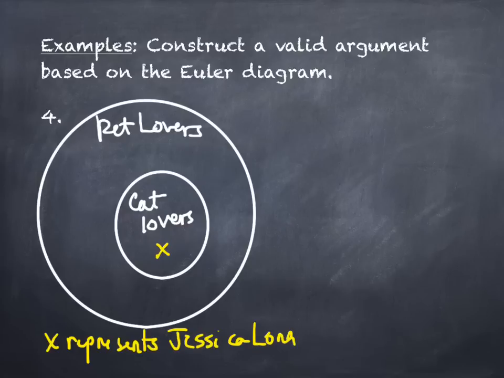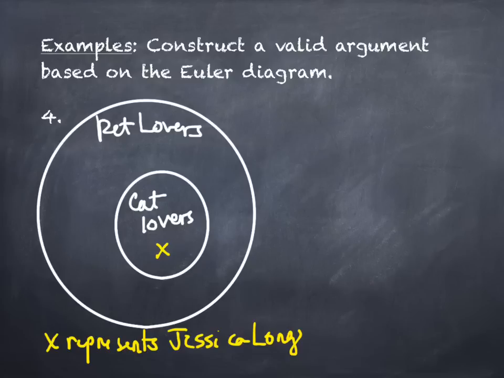So this is what was printed on your paper. If you don't have it, you can jot it down. So this is our picture, and we're doing kind of the opposite of what the last questions did. We're being given an Euler diagram, and we're going to construct a valid argument based on that diagram. So we need two sentences, we need the line, and then we need the concluding statement that is all going to be valid according to this diagram.